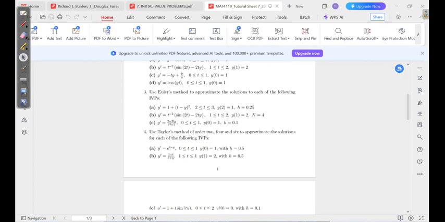The interval is from 2 to 3 of t, and you're also given this initial condition. You're also given the value of h, so you don't need to worry about it. If you look at b, we don't have a value of h, but we have been given the value of n, so we'll be able to find the value of h there.